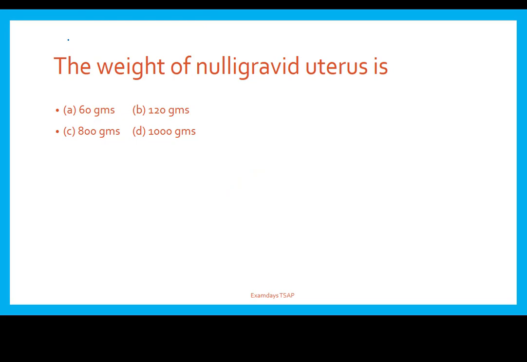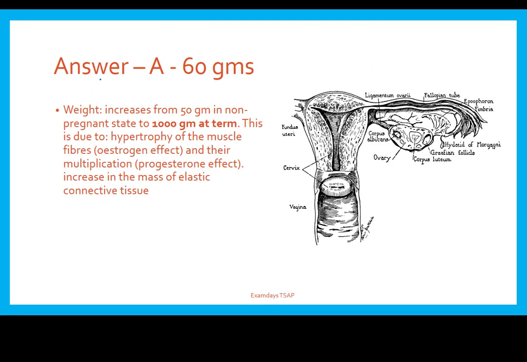The weight of the nulligravid uterus is: A, 60 grams, B, 120 grams, C, 800 grams, D, 1000 grams. The correct answer is A, 60 grams. The weight increases from 50 grams in the non-pregnant stage to 1000 grams at term.